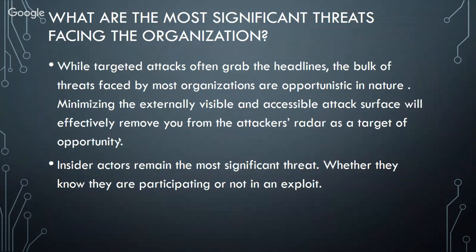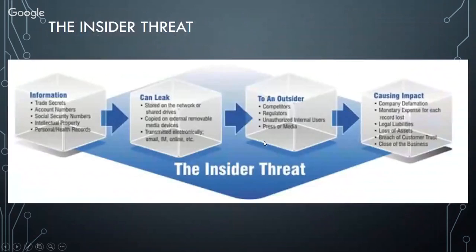Next slide. So this is just another slide to show how an insider can go from trade secrets to social security numbers, they can leak it. Most of the CIA and NSA leaks are like that. They can put it on share drives, they can put it on CDs, all that stuff.